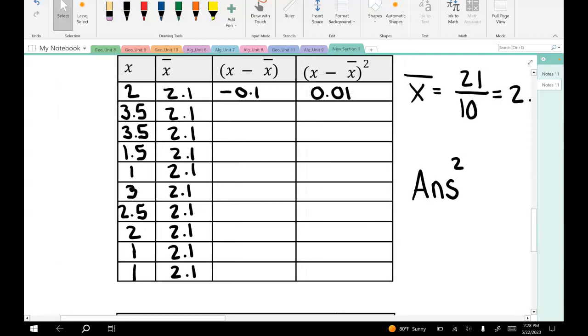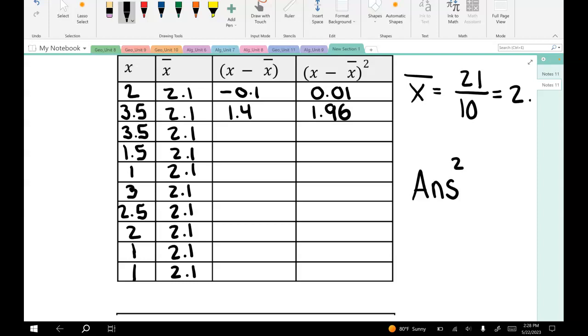Then we'll take 3.5 minus 2.1. We'll get out 1.4, and then we square 1.4. So we take 1.4 times 1.4, we get 1.96. By squaring this number, 1.4 times 1.4, 1.96.